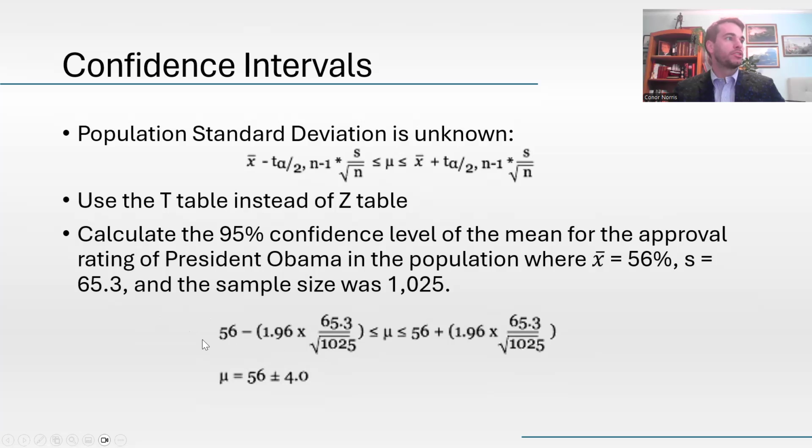Again, we plug all these numbers in. We go to the t-table and we find that value of the 95% confidence interval. In this case, it's 1.96 again. On this side, it's the mean 56 minus all this. On the right side, it's the sample mean 56 plus all this. When we do the algebra and work it out, we get a mean of 56 plus or minus 4.0.